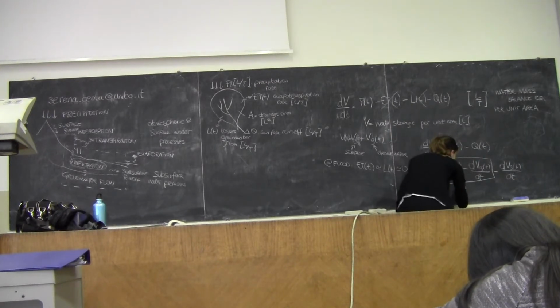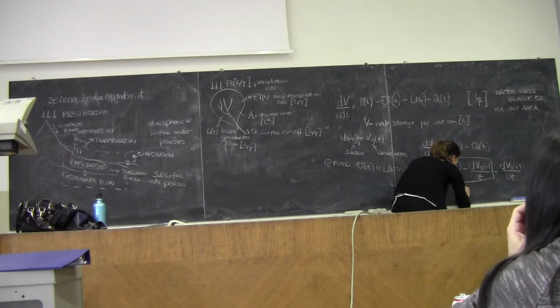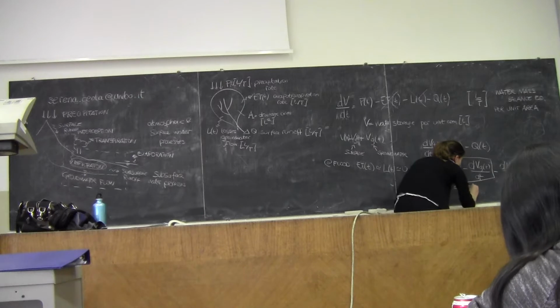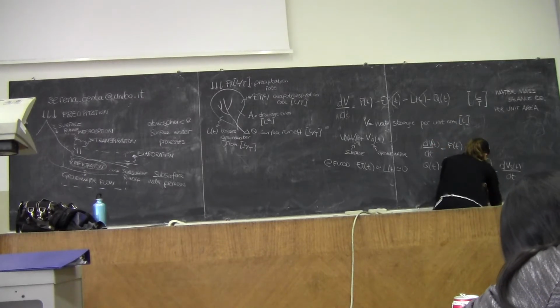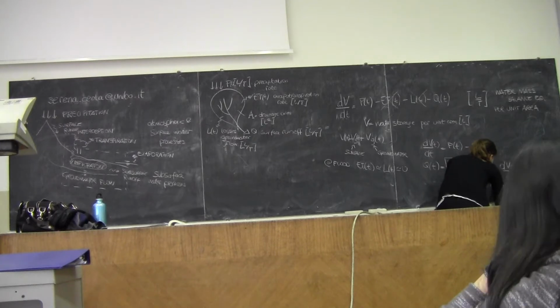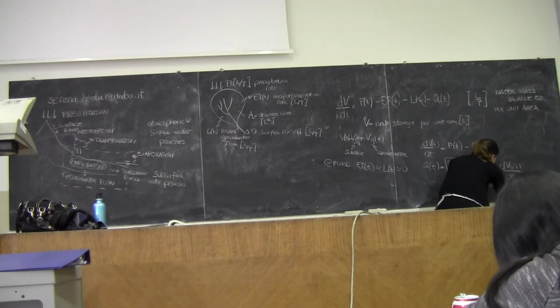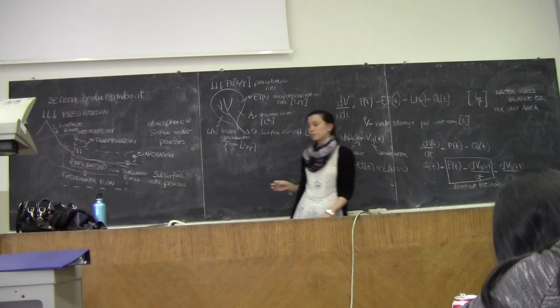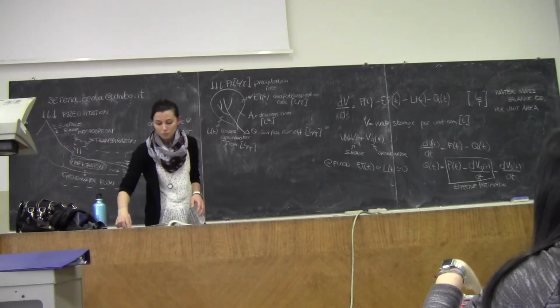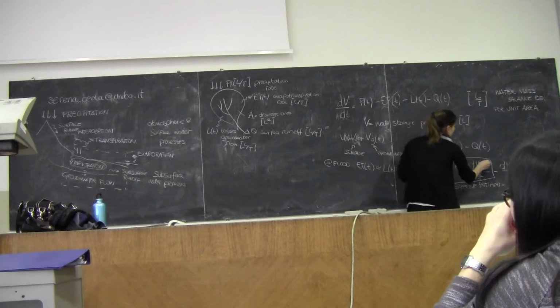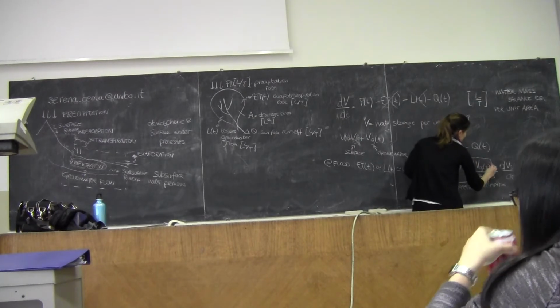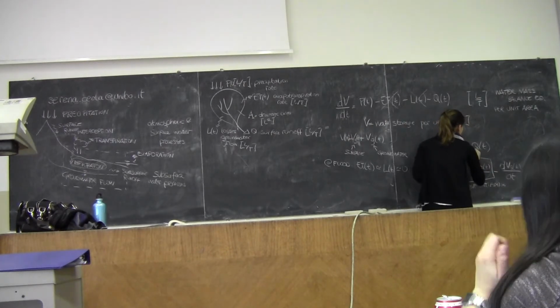So the green box represents the effective precipitation, while this term here represents the infiltration.